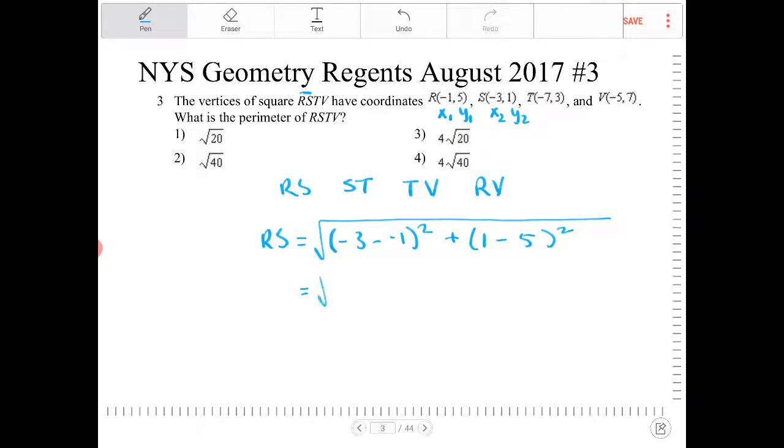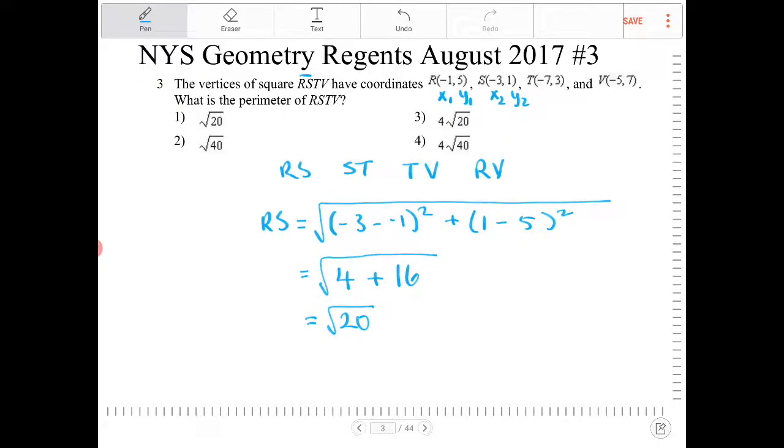Let's go through simplifying the computations. -3 minus -1 is -2, but when squared, that will be 4. And 1 minus 5 is -4, but when squared, that will give me 16. So I end up with the square root of 20.